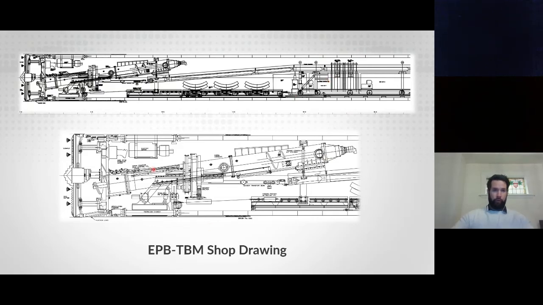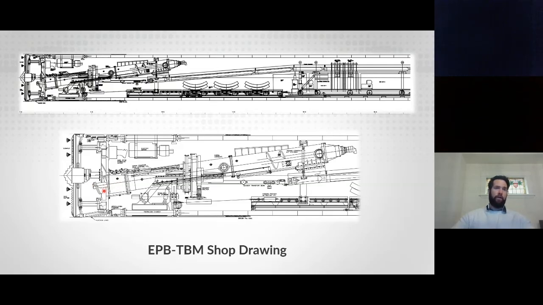I think it's important to note before we proceed that this actual screw conveyor is the limiting factor here, and the primary reason why we had to develop this additional pay item. So this drawing that we got is actually a shop drawing from the tunneling contractor, and on that shop drawing it tells us that the diameter of this screw conveyor is actually 762 millimeters.